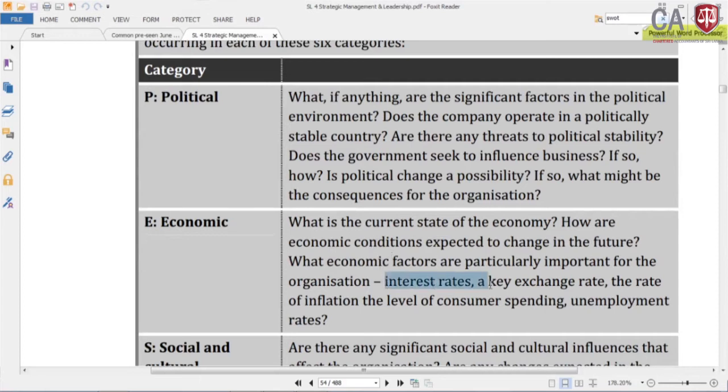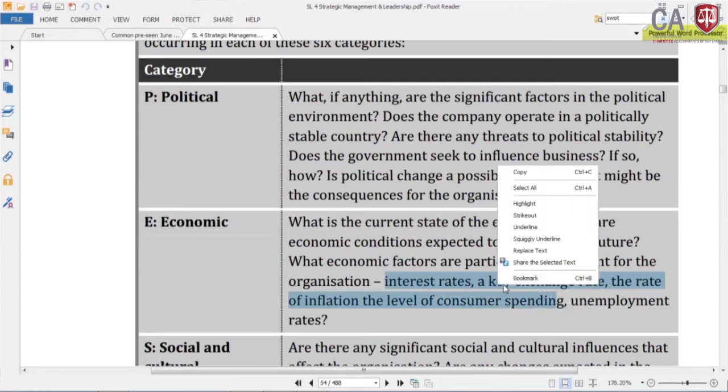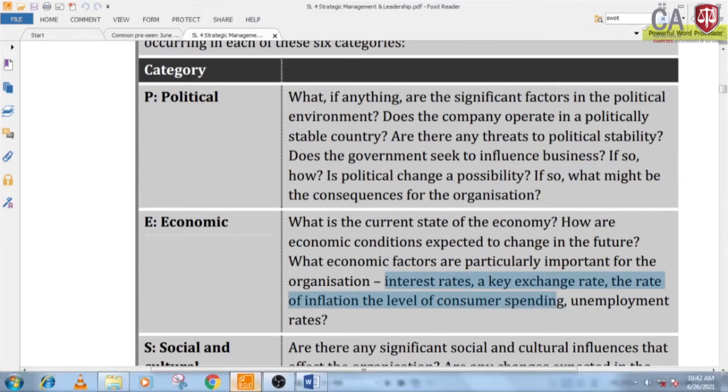What about the interest rate? I will take some examples to check the economic environment.